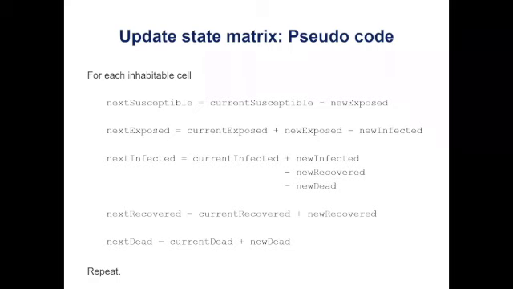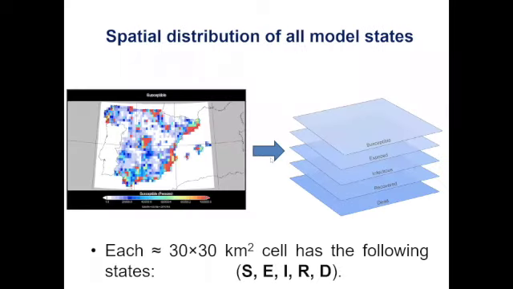You have the ocean, the Strait of Gibraltar, and all of those water bodies that are uninhabitable. So there won't be any movement of people or disease in those cells. However, for every inhabitable cell, this is what is happening as an update state matrix. And this process is repeated for a desired number of time steps.